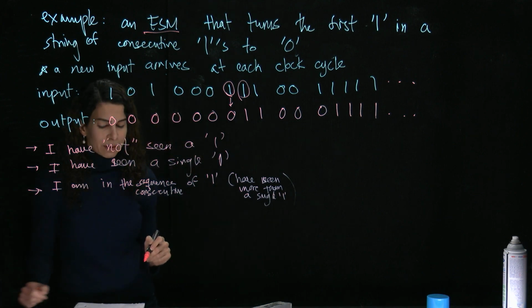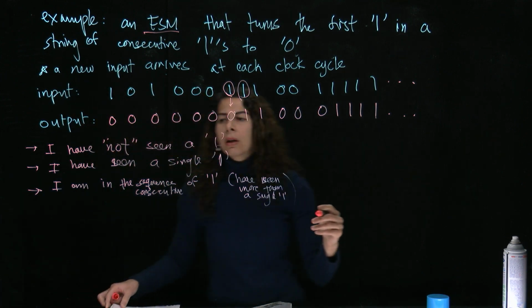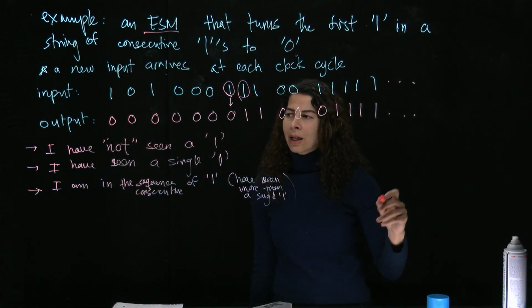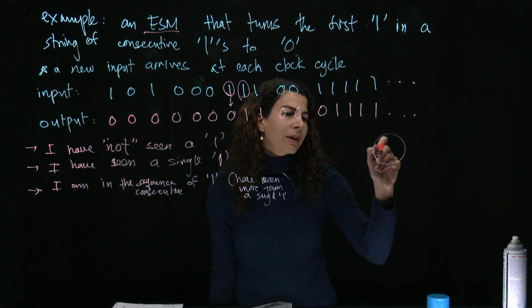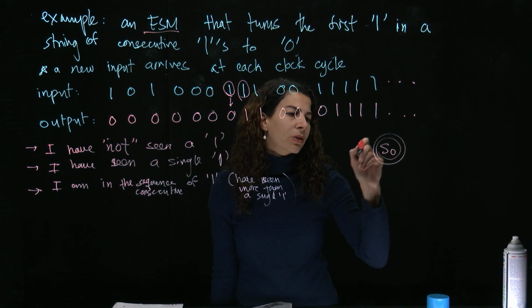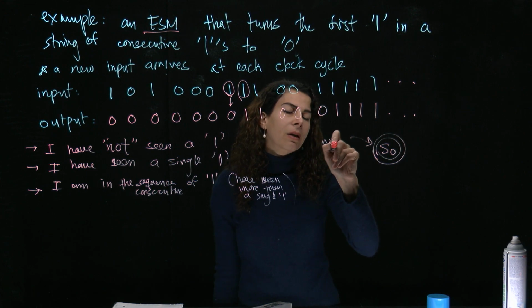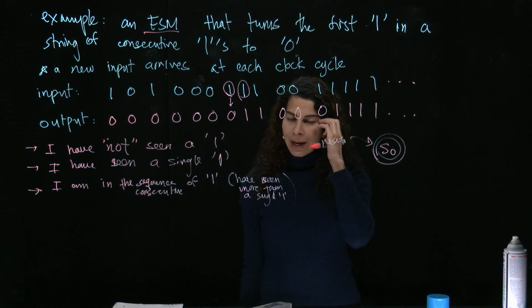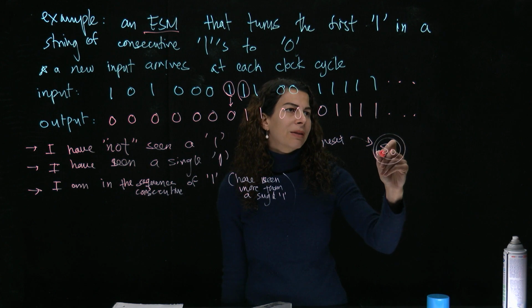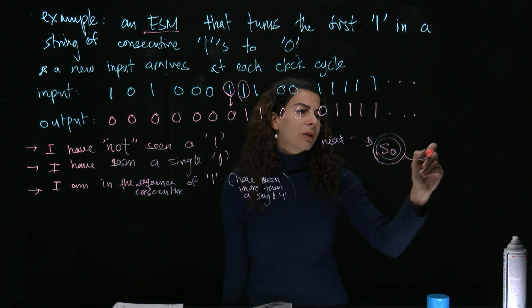So let's go and think about the finite state machine in this particular case. If I'm in a state S0, which I assume is also the reset state, what happens if I'm in state S0 and I get a 0?